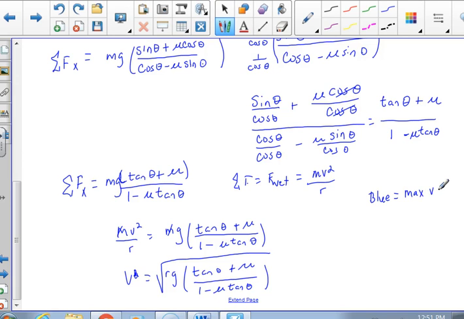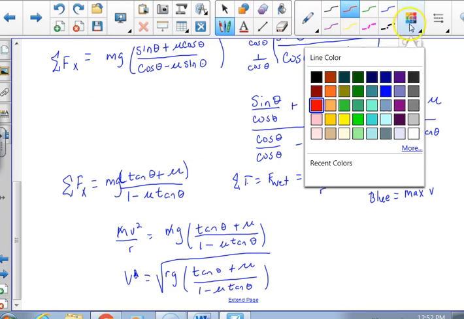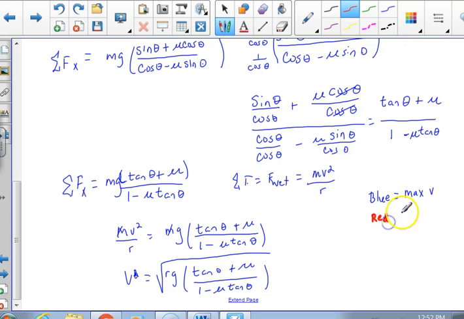Well, to get the minimum velocity, you can go back through this derivation again, and it's great to go through it a second time, but what ends up happening is the only thing that changes is our sign. So let's call red the minimum v.